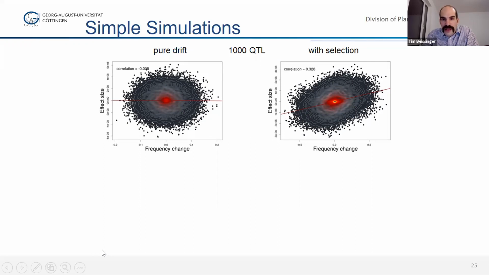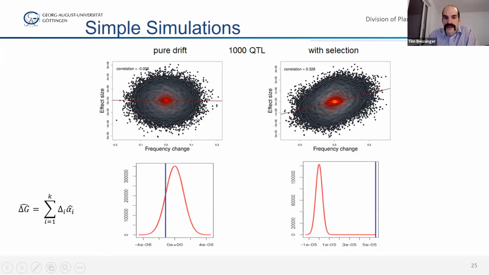And then when we apply our Ghat test to that, we get these results. The permutation test I mentioned is the red bar, and the Ghat value, the delta G that we actually get out of the test, is the blue bar.